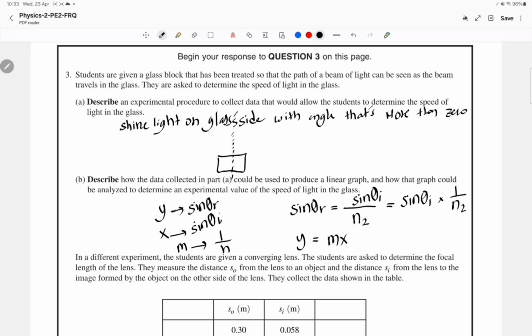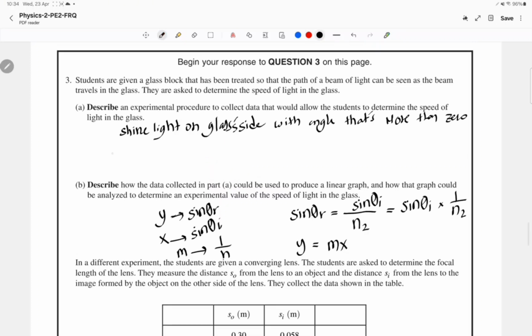When I say more than 0, I mean it should not be like this. No, it should be like this, like this, like that, because the angle is measured to the normal, basically. So with an angle that's more than 0, relative to the normal.